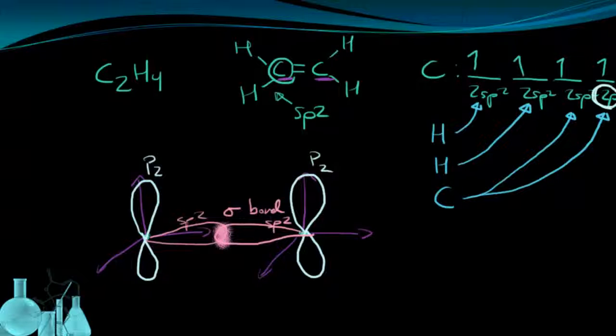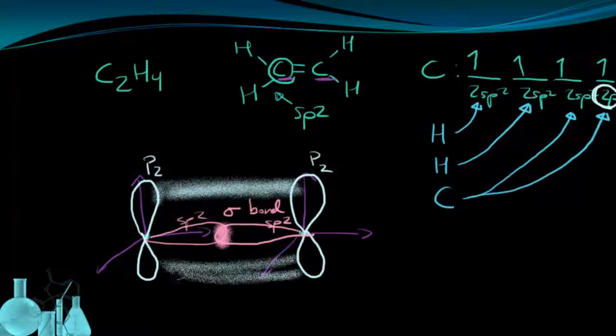Now what happens with the p orbitals though? The p orbitals are actually able to overlap in parallel, meaning the top portion of this pz actually creates a sort of a bridge here and overlaps with the top portion of this pz orbital over here. And we get the same thing happening with the bottom lobes.